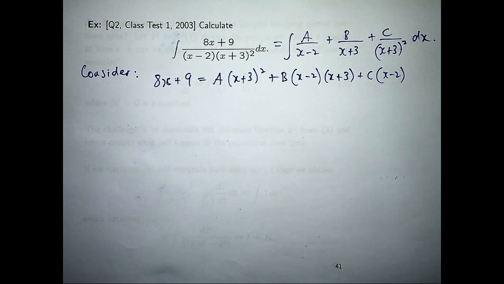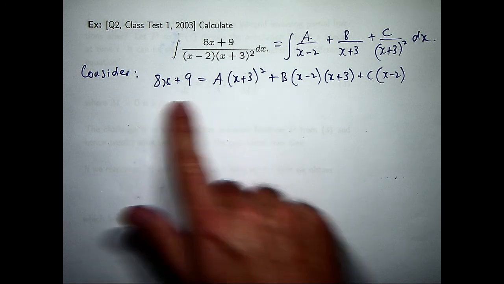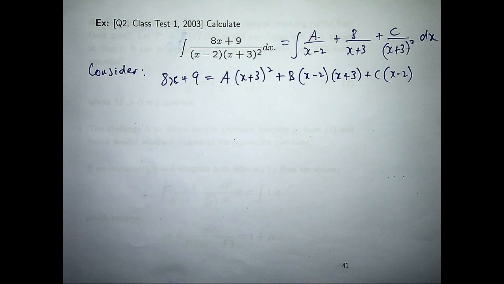If you've seen this method before, which some of you may have, you've got a couple of choices here. You can expand the brackets and equate the coefficients. So all the x squareds on one side have got to equal all the x squareds on the other side, all the x's on one side equal all the x's on the other side, etc. I'm not going to do that. Essentially, I'm just going to choose values of x and find a, b, and c in a quick and easy manner.